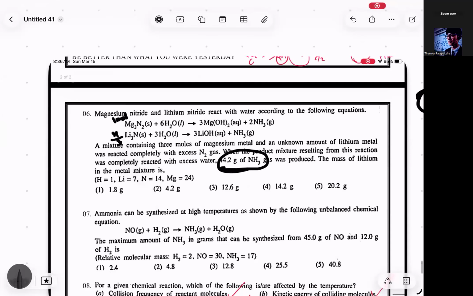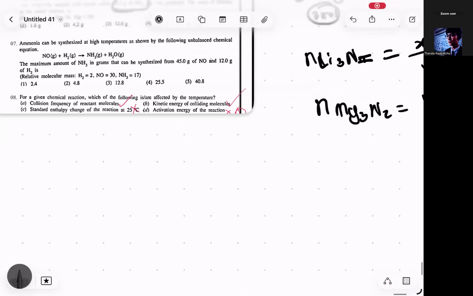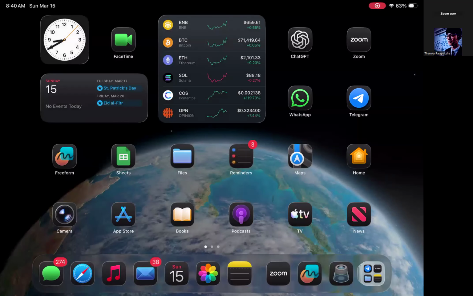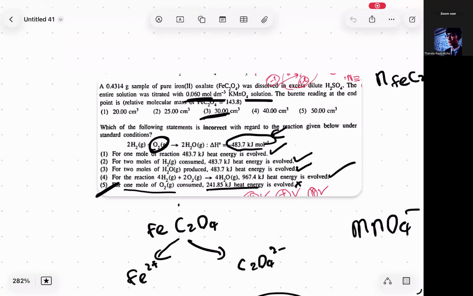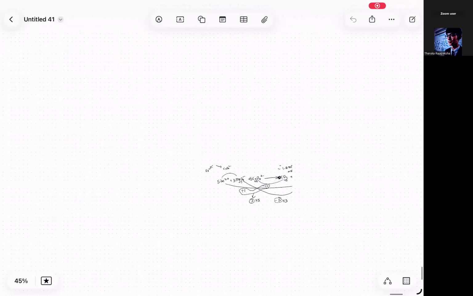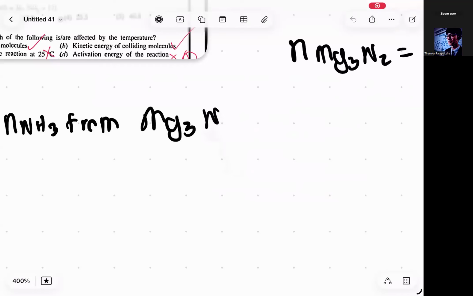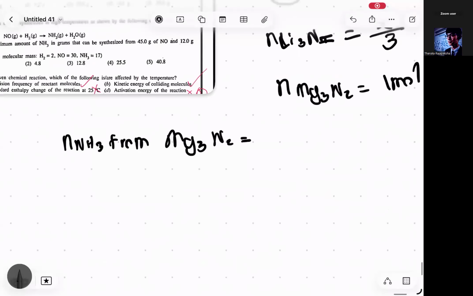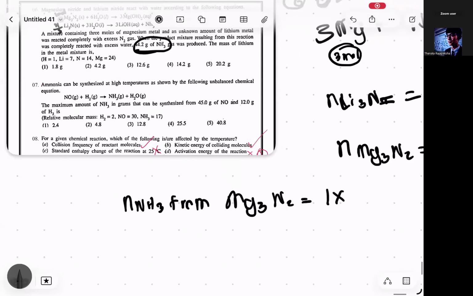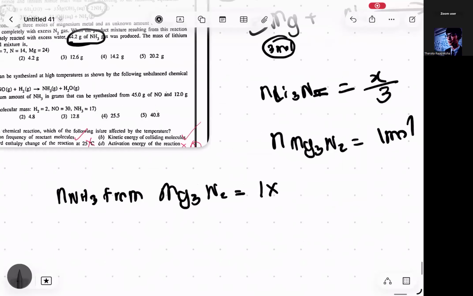So the number of moles of ammonia from magnesium nitride: magnesium nitride will form some amount of ammonia. From Mg3N2, the number of moles of ammonia will be 1 into 2, because the ratio for magnesium nitride is 1 to 2. So 2 moles.